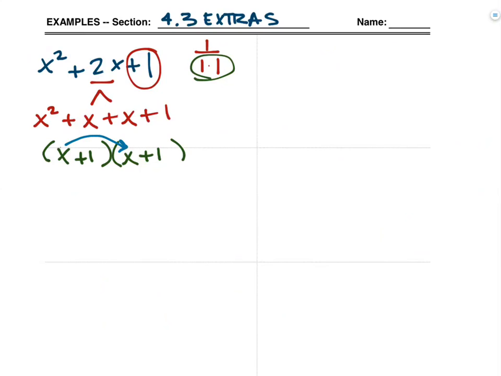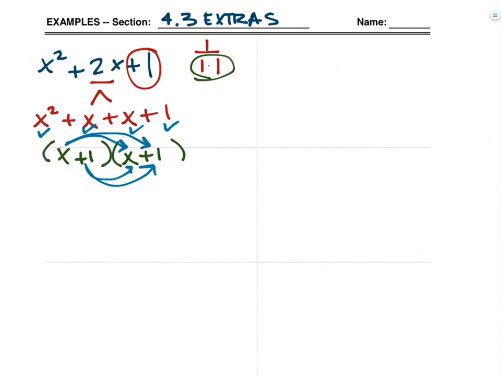If I multiply x times x, I do in fact get x squared. If I multiply x times 1, I do get x. Similarly, the inside terms is also 1 times x, so that's good. And the last terms, 1 times 1, in fact give me 1. So I know that this is the correct answer.